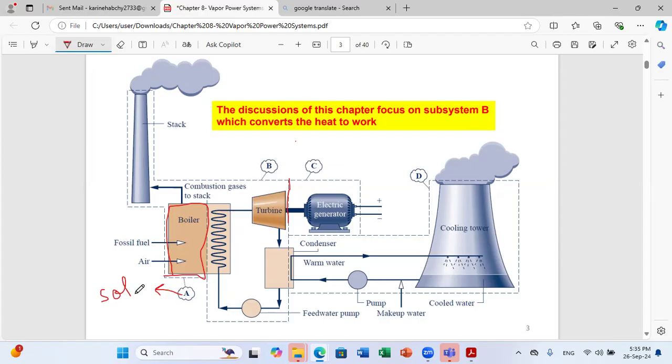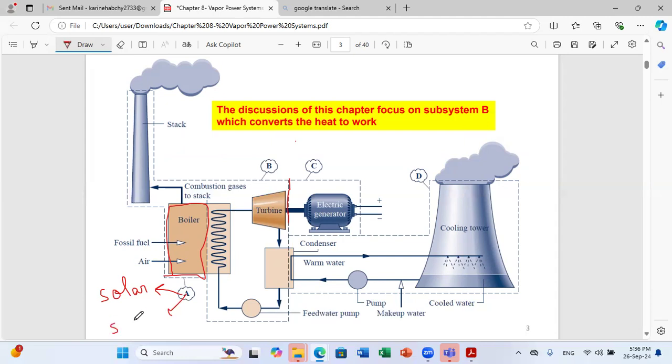That's why, as we were discussing, all of these power plants are based on the Rankine cycle, because this component here, A, can be a renewable or non-renewable source of heat. So this is the source of heat.